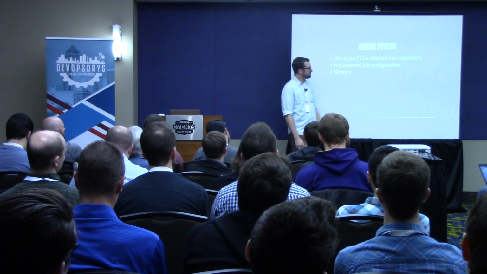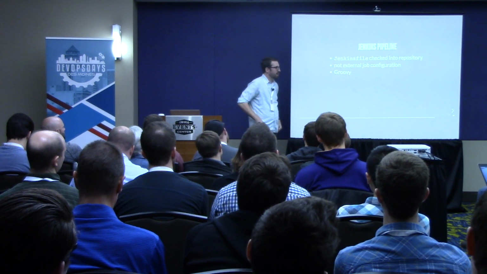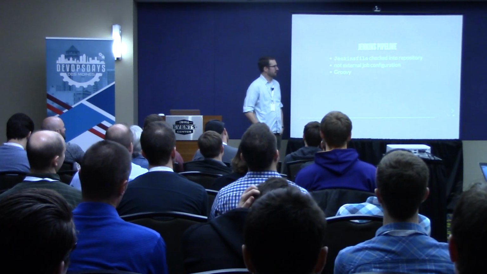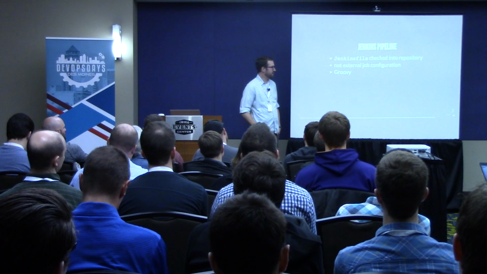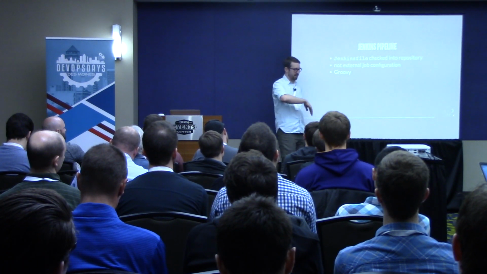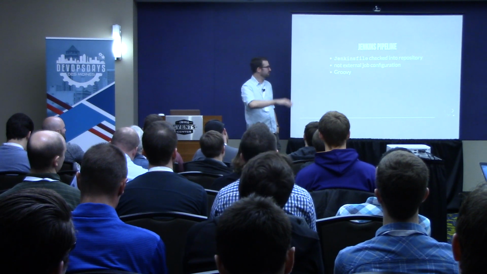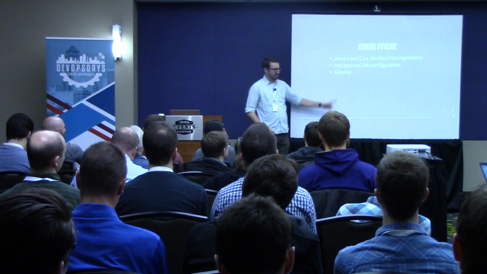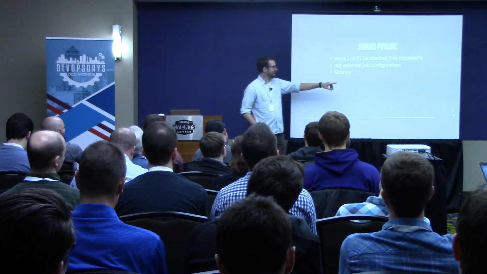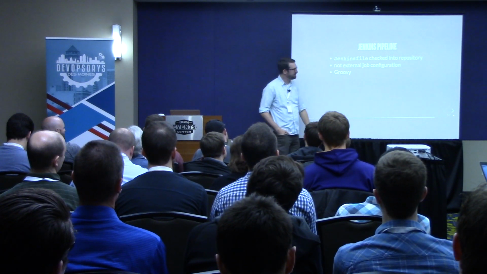You have a Jenkins file, and you just check it into your repository. You don't have any external job configuration other than telling Jenkins where your repository is and what branches you care about, and it pulls that down, looks at the Jenkins file, and the Jenkins file tells it what to do. It uses Groovy, and I've cursed out Groovy a lot, but it's okay.